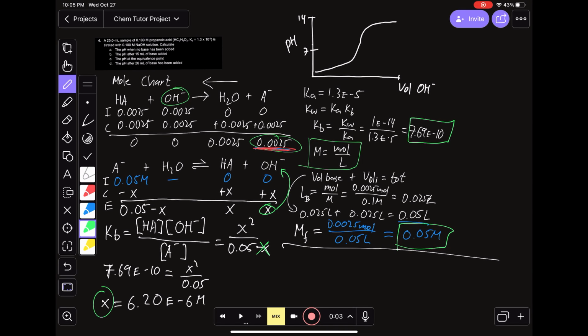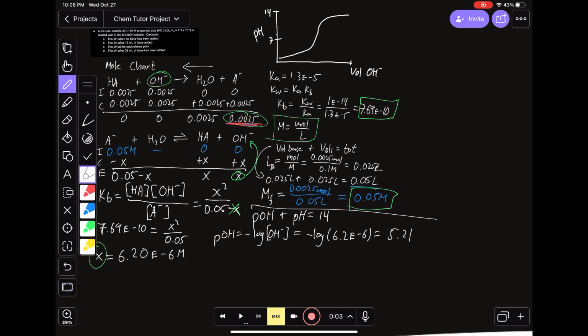We need to get pH. So we use the relationship pOH plus pH is equal to 14. Solving for pOH is equal to negative log of OH concentration. And we get negative log of 6.2 times 10 to the negative 6, which is 5.21.